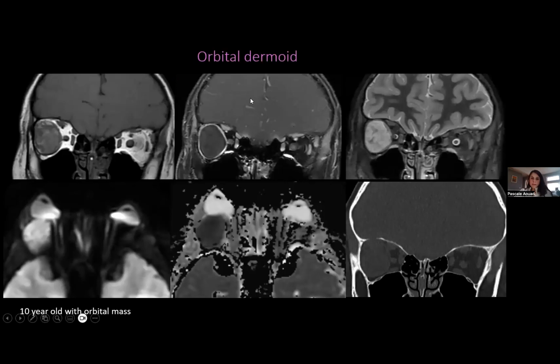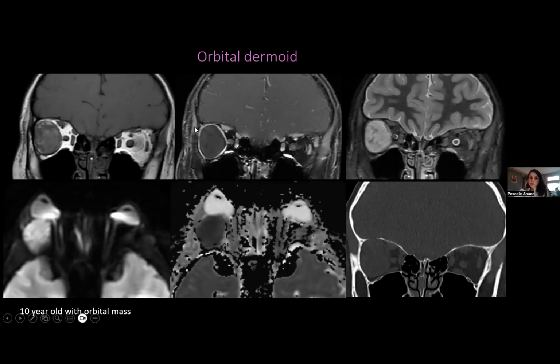This is another example of a dermoid cyst in the orbital region in a 10-year-old patient who presented with a mass. So we have a coronal T1, and then we have post-contrast T1 fat-sat images. We can appreciate a well-circumscribed mass with heterogeneous signal on T1 and some areas of intrinsic T1 shortening that suppress on fat-sat images, corresponding to some fatty component.